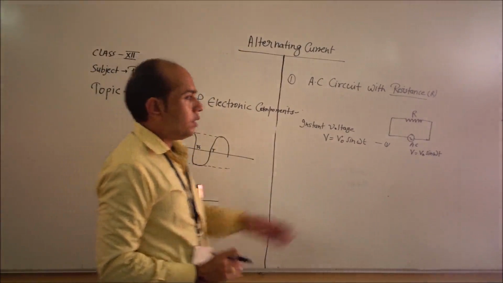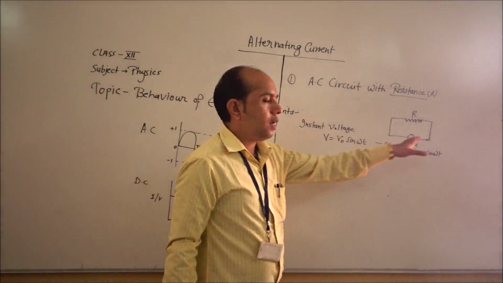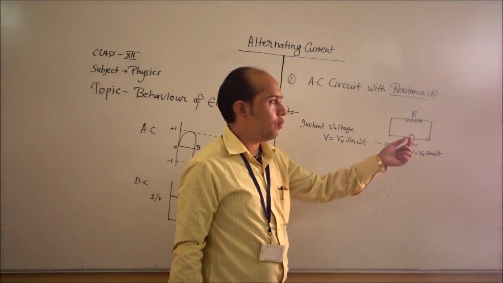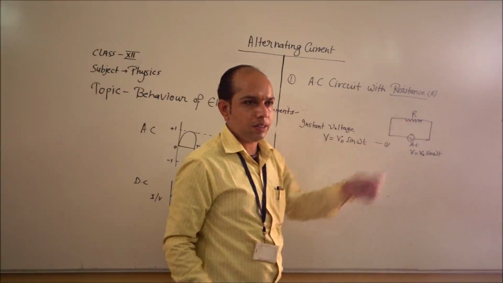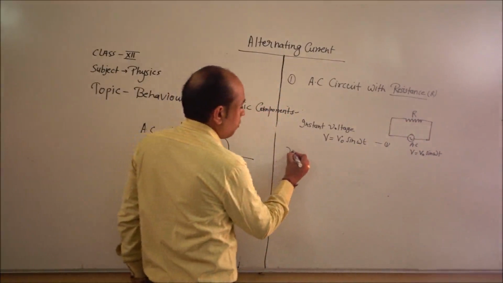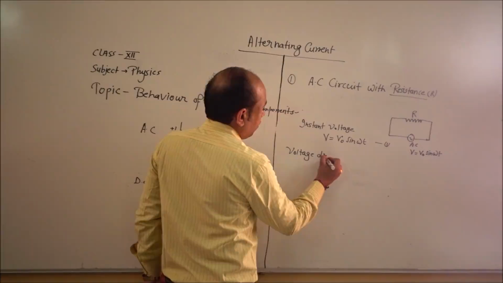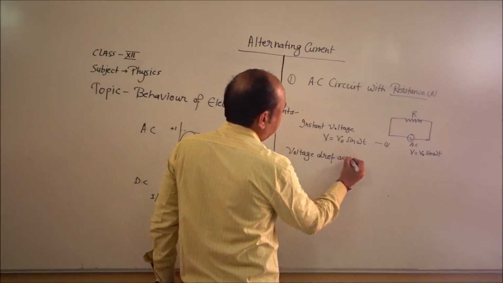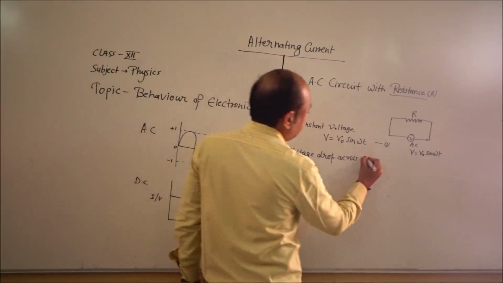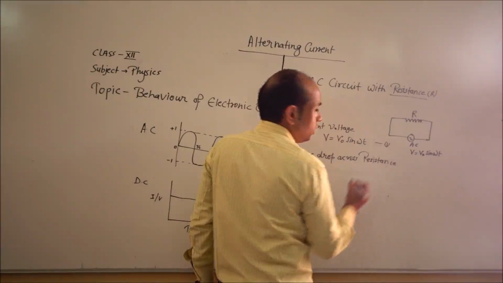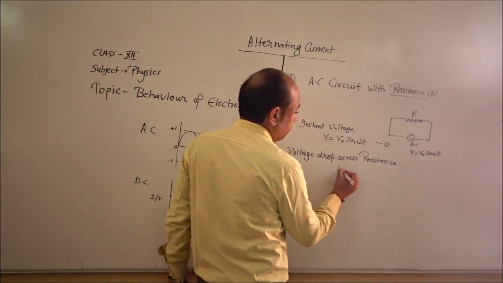Now in this circuit only resistance is connected with the AC source. So obviously there is some voltage drop across the resistance. So V is equal to IR from Ohm's law.